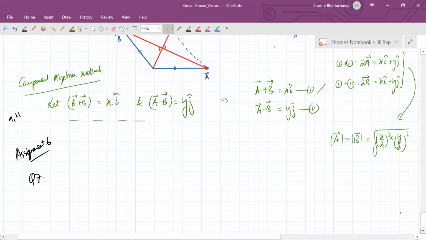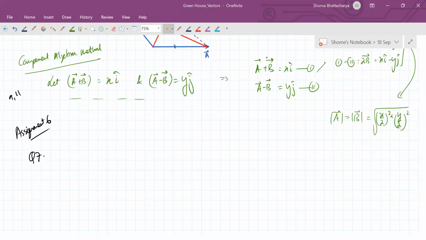So this is also an important type of question. Sorry, 7. So in 7, it is given to us that the vector A is some unknown quantity C i cap, then minus 4j cap.